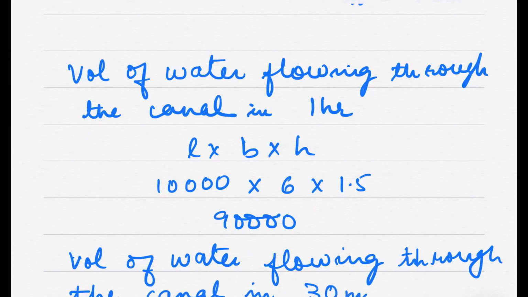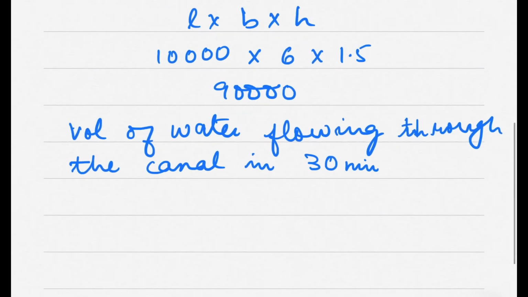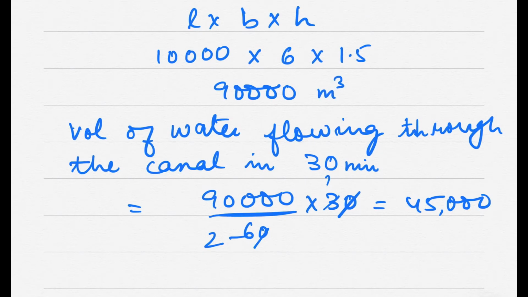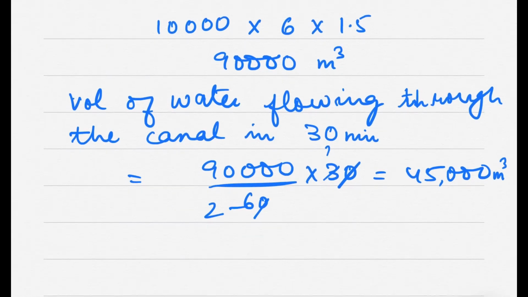So what I'll do, I'll divide by 60 and multiply by 30, or I can just divide by half. So that will be equal to 90,000 divided by 60, because 60 minutes, but I want for 30 minutes. So basically I have to divide by 2. So this becomes 45,000, right? So 45,000, what will be the unit here? This is the volume, so meter cube, right? Here also meter cube. So this much of water is flowing through the canal in 30 minutes or half an hour.